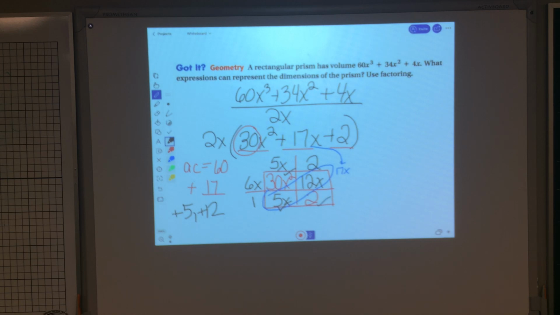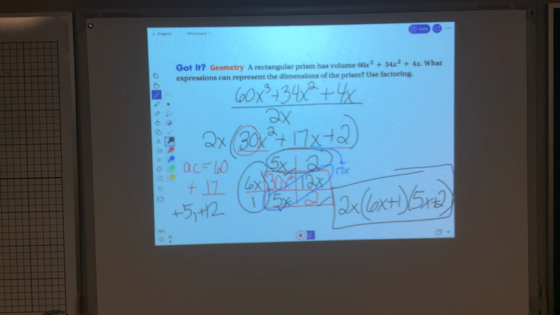So my factors from my box method are 6x plus 1 and 5x plus 2, but I have to remember I already factored out that 2x, so I need that 2x out front. And since neither one of those has any exponents inside the parentheses, I know I'm factored completely.